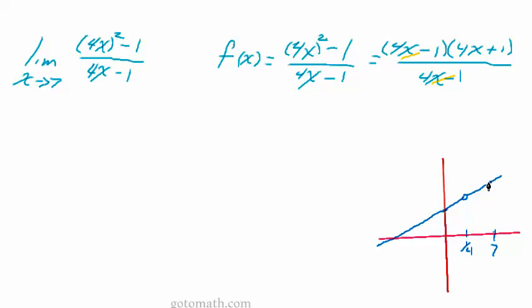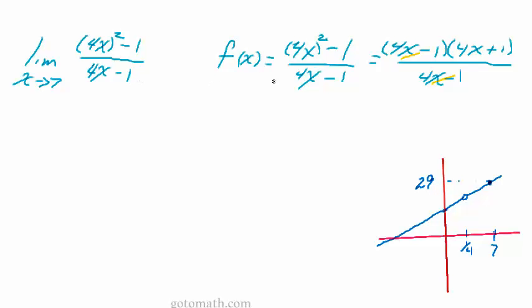We plug 7 into our function and we get something out. We could actually plug 7 in right here. So 7 times 4 is 28, plus 1 is 29. So this is actually 29 right here.